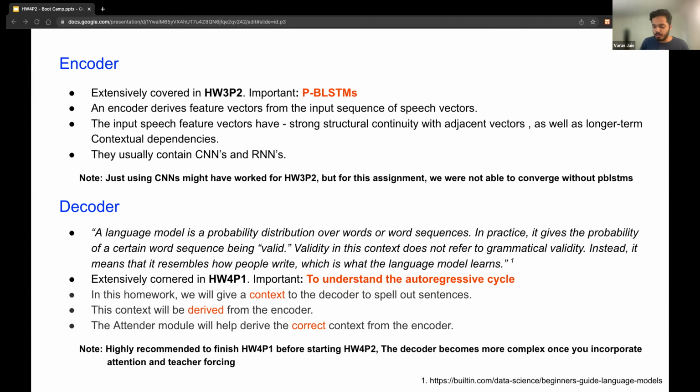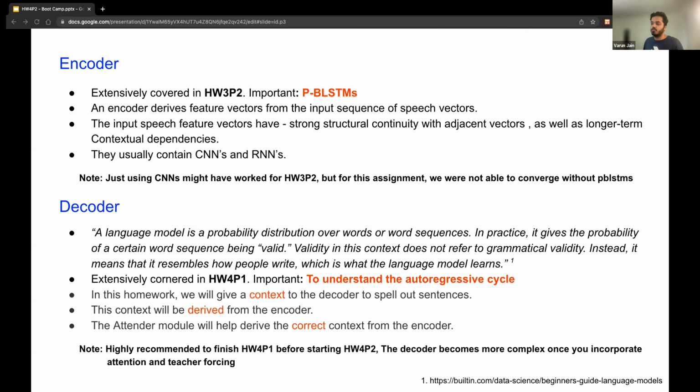If you want to know more about what a language model or a decoder is, it is extensively covered in the homework 4P1 write-up. There are a lot of things given in the 4P1 write-up that go over all the ways the probabilities of these different words are calculated, and it has pseudocode as well as all the logical aspects of a decoder.